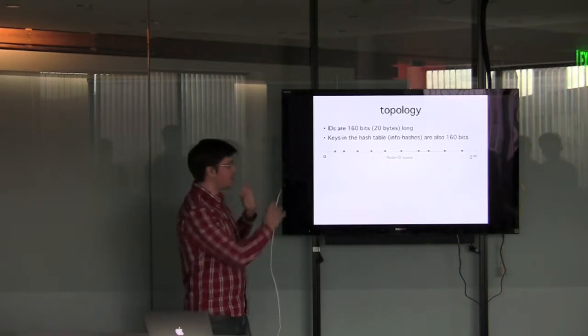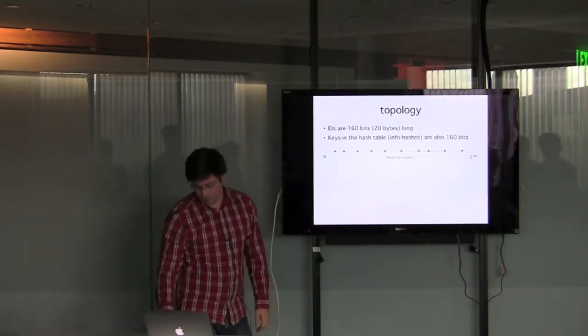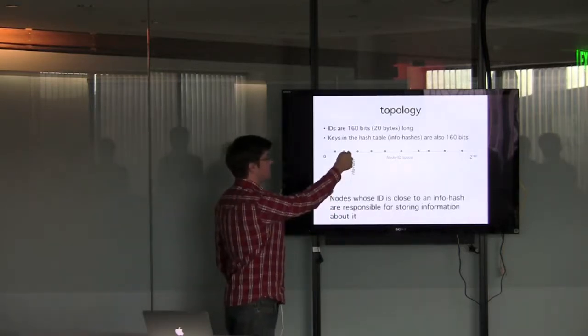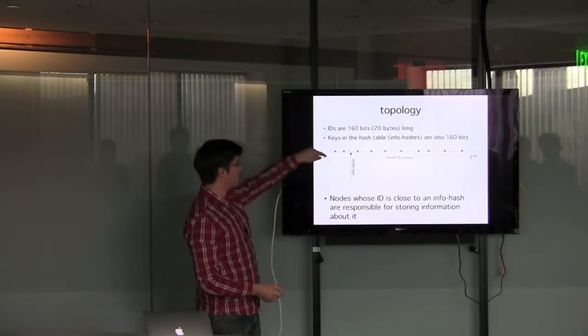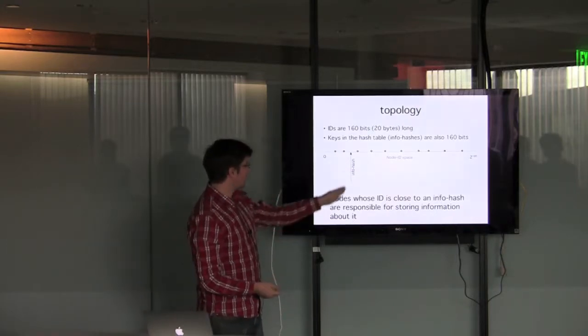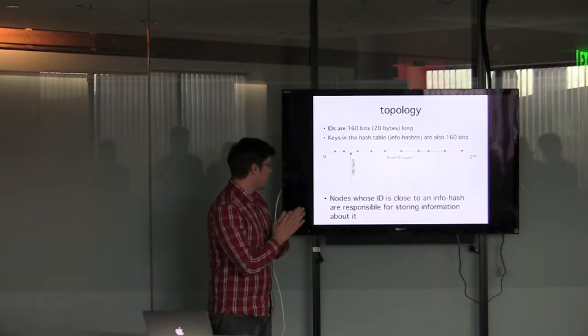It essentially means that in this space, you put info hashes in the same space as the node IDs. So, for instance, if you have an info hash that ends up here, you're extremely unlikely to have an info hash that coincides with the same node ID as another node. So it will end up somewhere in between some nodes.